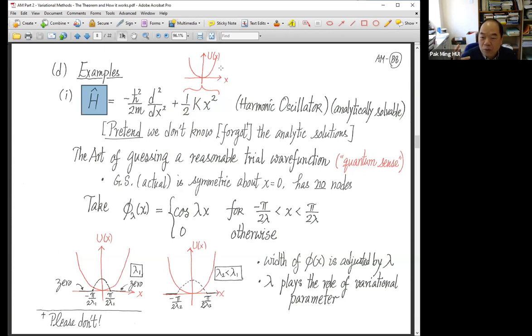First point is we want to make a reasonable guess of the form of the wave function, okay? Now, obviously, the ground state should be symmetric about x equals 0 due to symmetry consideration. This thing is even, okay?